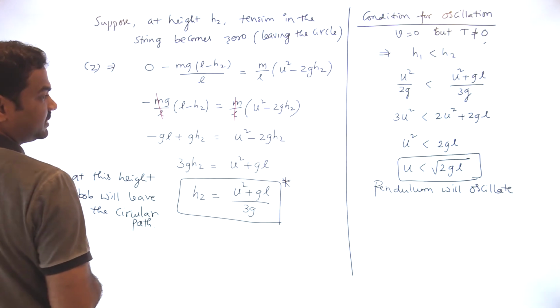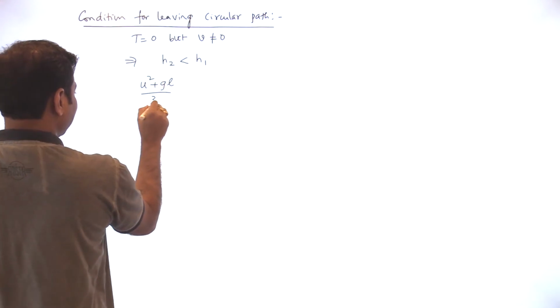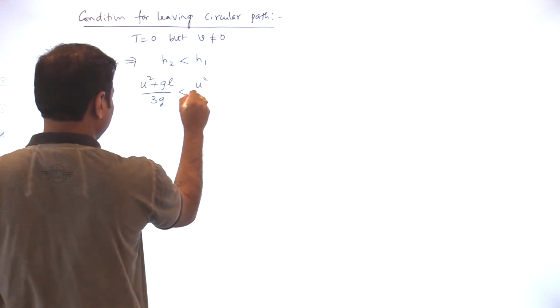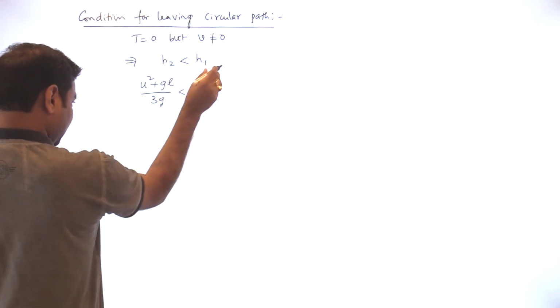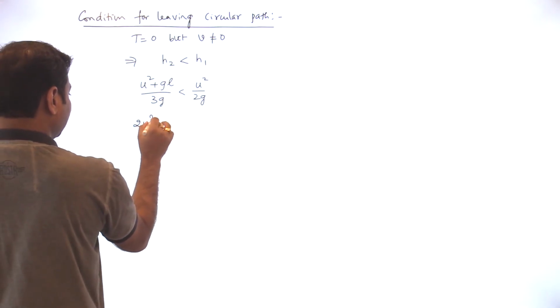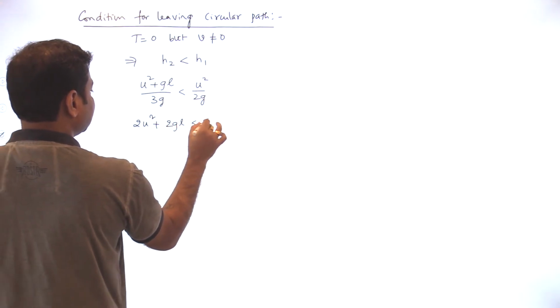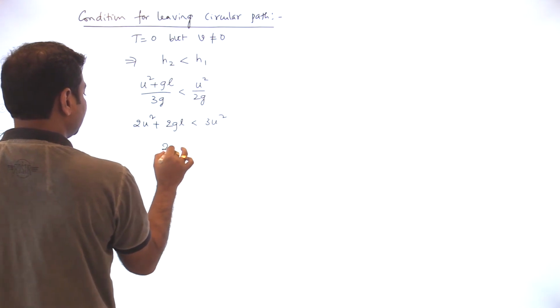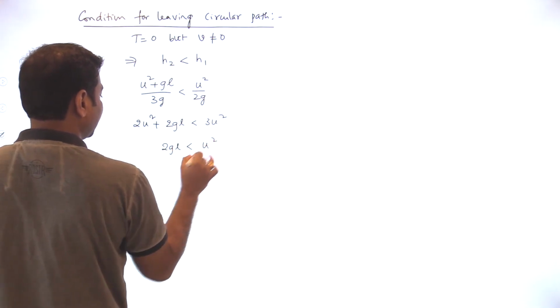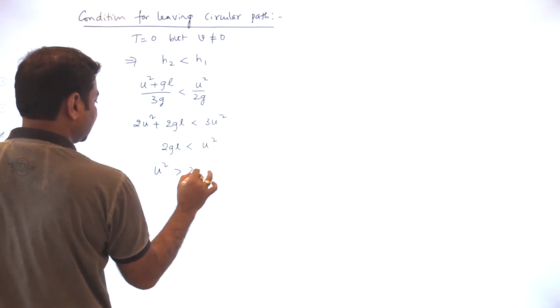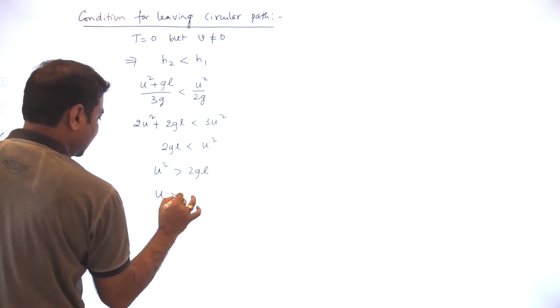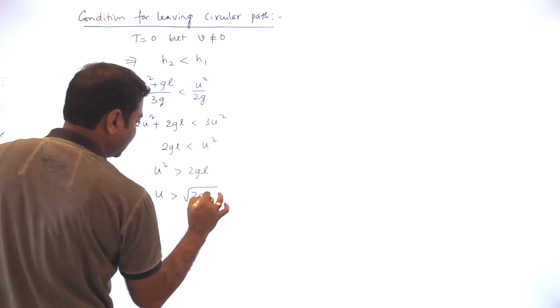What is the h2 value? (u square plus gL) by 3g is less than u square by 2g. Now cross multiply it, g cancels out: 2u square plus 2gL is less than 3u square. So 2gL is less than u square, so u square is greater than 2gL, and u should be greater than root 2gL.